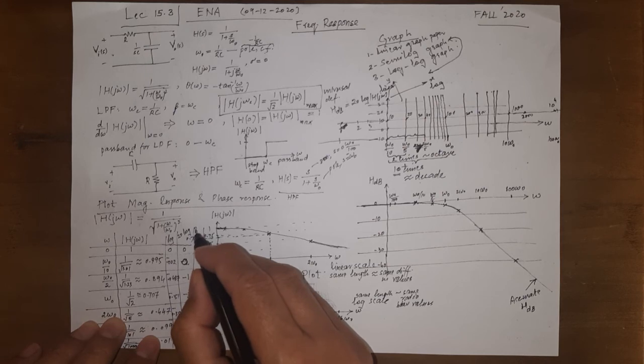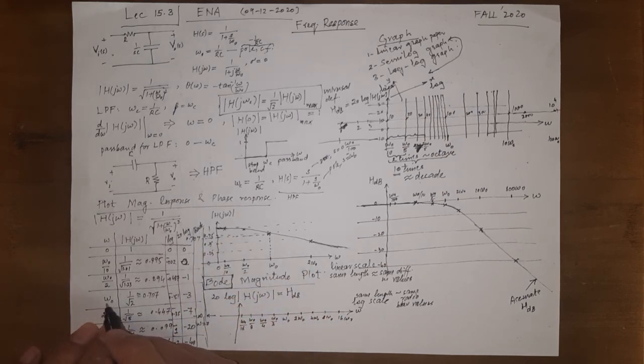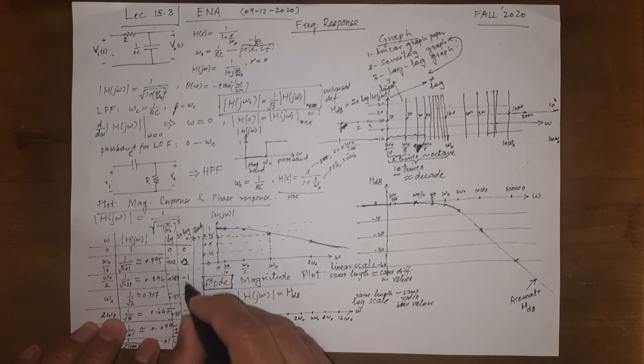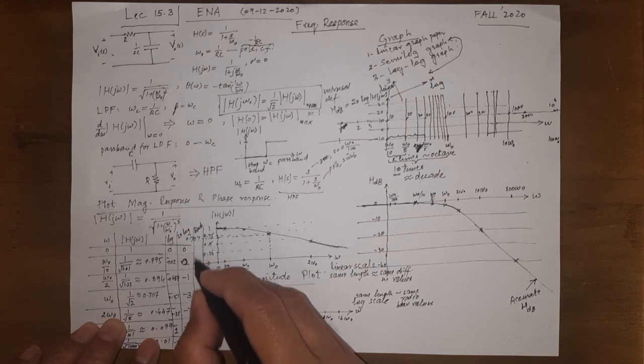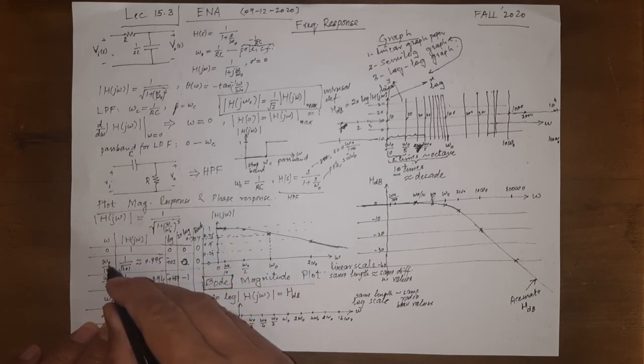So let me write Bode here. Bode said for omega equal to omega naught, a critical frequency or a pole, for example, this value, the previous values for all the frequencies less than omega naught can be considered to be approximated to this zero. So you see it is 0 here, 0 here. For omega naught by 10, it's 0.